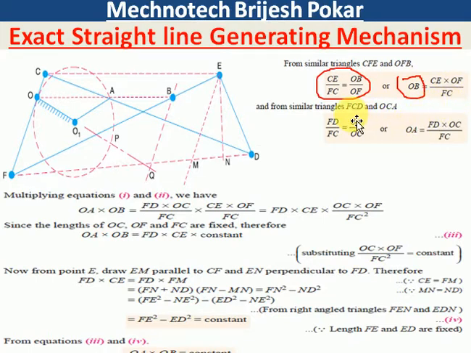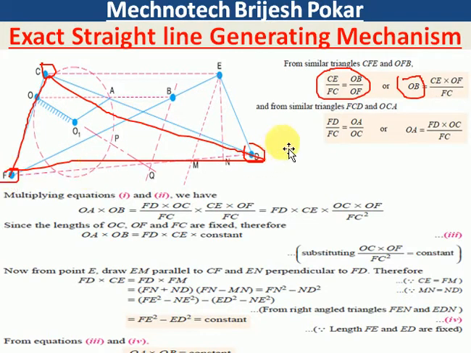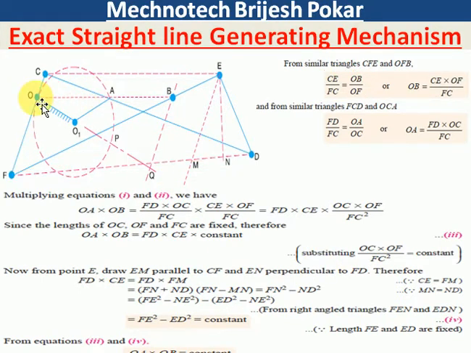Similarly we have another two triangles, that is FCD, so here F, C and D. This is triangle FCD, and another triangle is OCA, that means O, C and A. This is the smaller triangle, right? OCA. So this is another triangle.